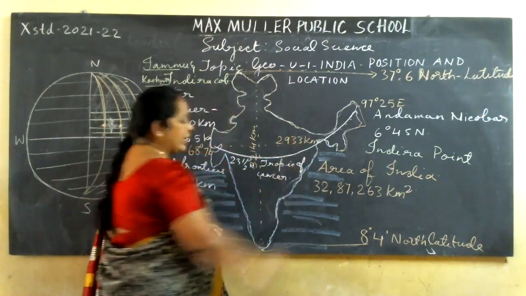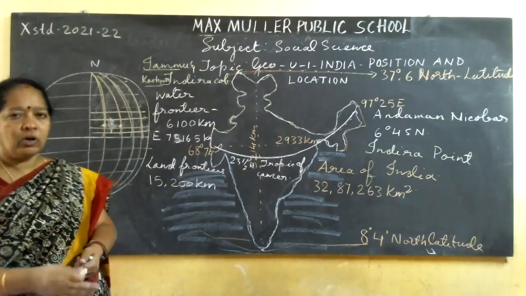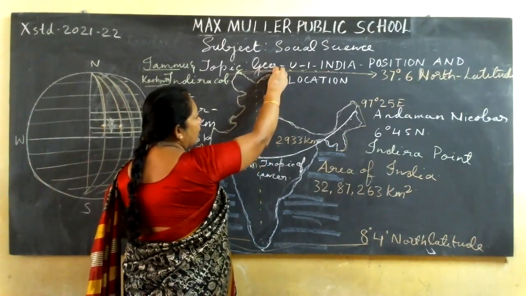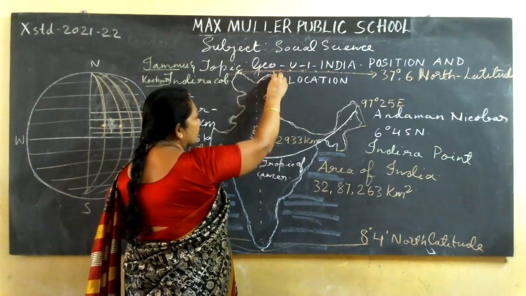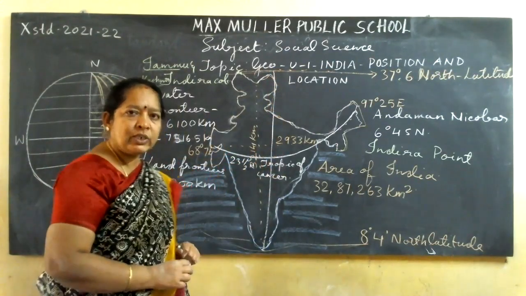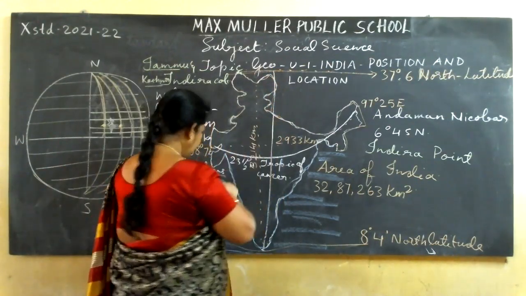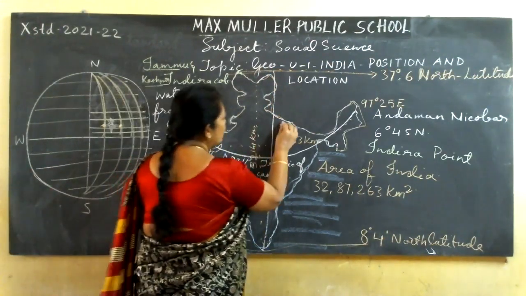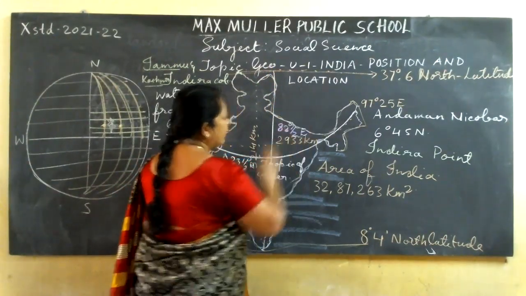Tropic of Cancer. Next, the important longitude, that is the mid longitude, extends from here and passes through Allahabad in Uttar Pradesh, which is 82.5 degree east longitude.